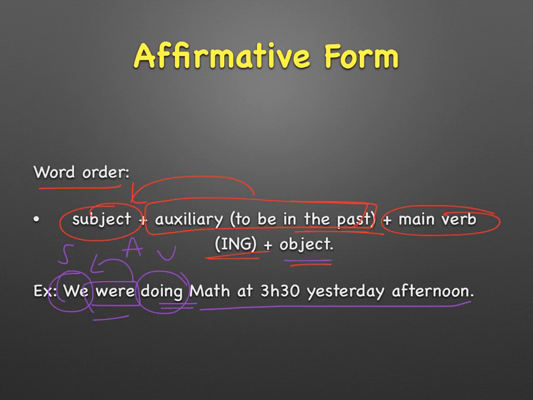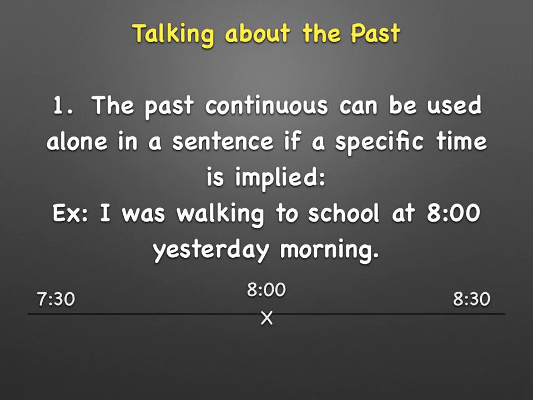With the past continuous, the object will be more important because, as we mentioned before, time is important when conjugating in the past continuous.